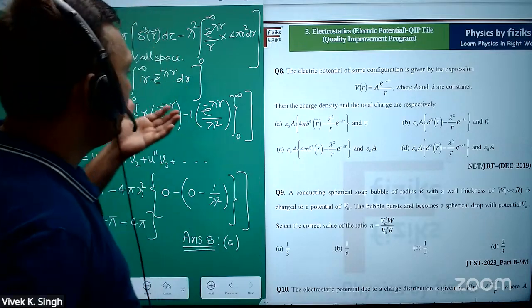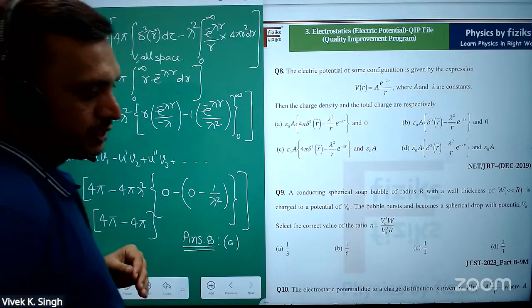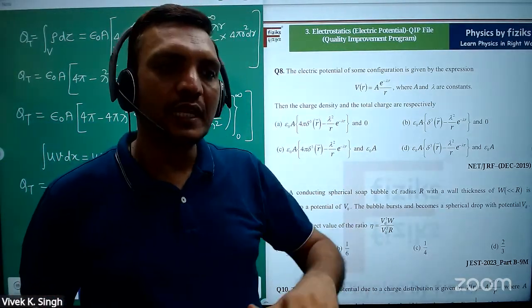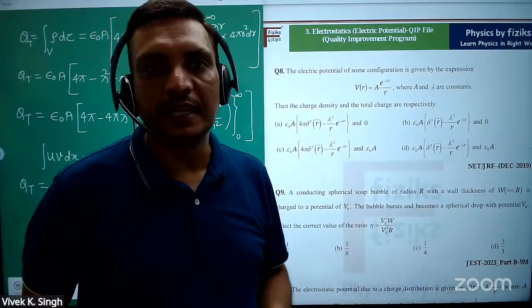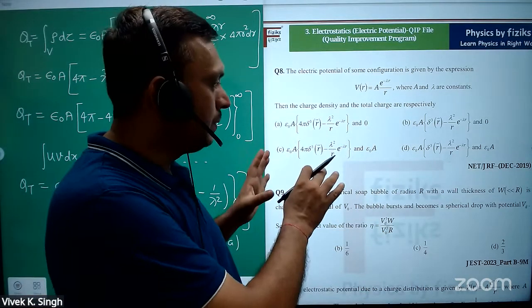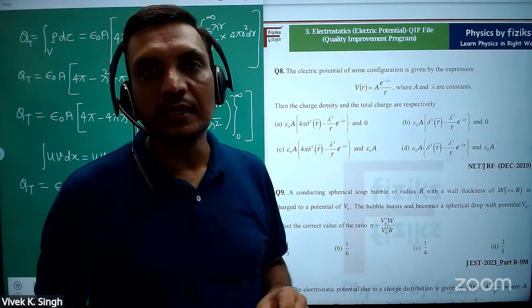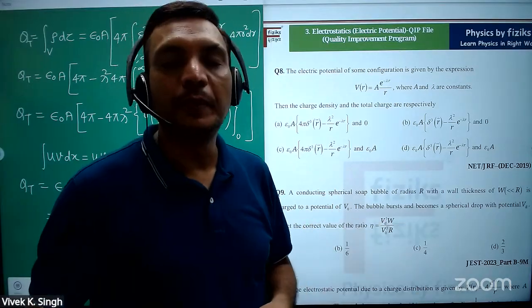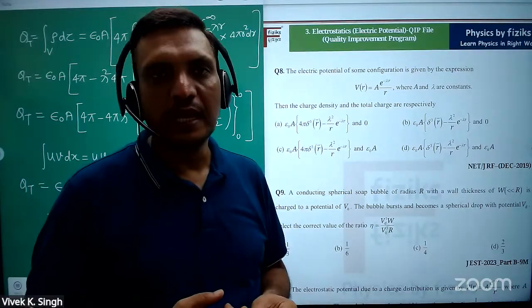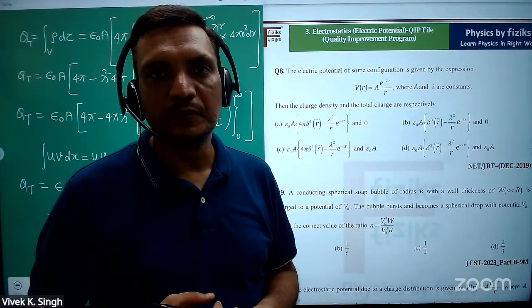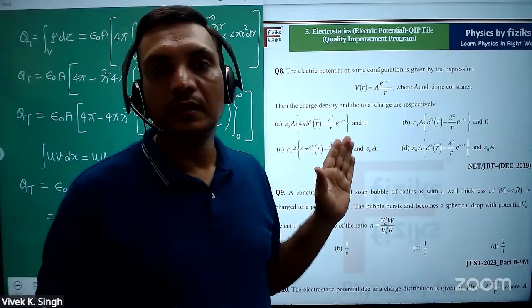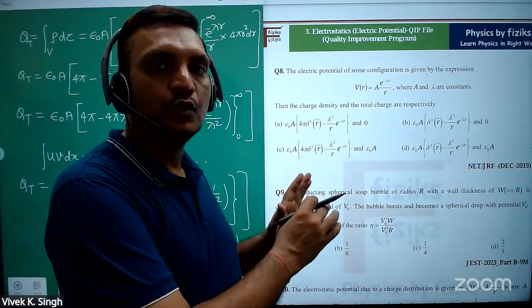That's why you need lots of calculation in these questions. If you practice these questions, you will get similar calculations in the exam. So that's why we are focusing on these questions, so that once you solve them, you will be able to build speed and accuracy, and also avoid silly mistakes. So you must solve all questions that are given in our QIP file.